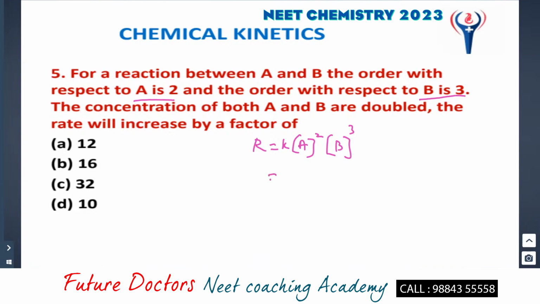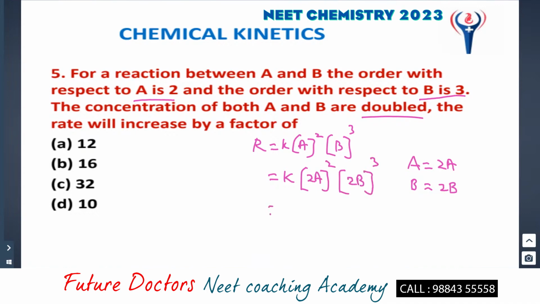Now if you replace, instead of A you put 2A. Understood? Instead of B you put double. Are you following? Now it becomes a simple sum: 2A power 2, again 2B power 3.